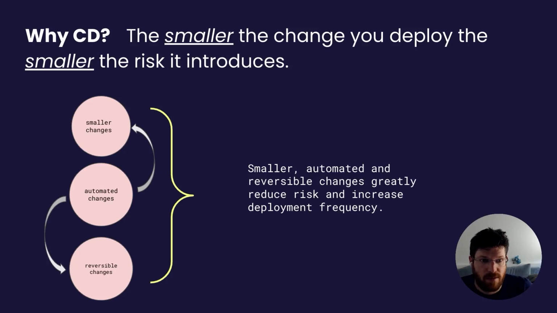So why is continuous delivery so great for your teams? Well, once you make change cheap because it's fully automated, you no longer have an incentive to batch a bunch of changes together, which means you can roll out much smaller changes. Now, another great property of small changes is that they are usually reversible because you can pick any single commit in your Git history and it's going to involve very few lines that you need to revert.